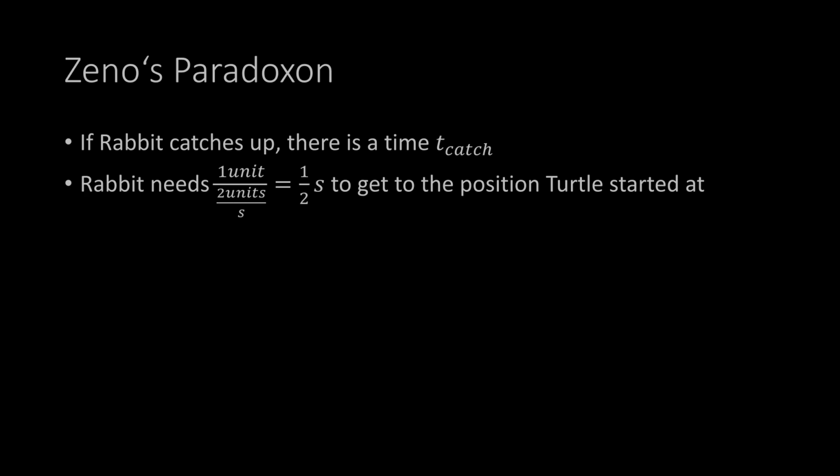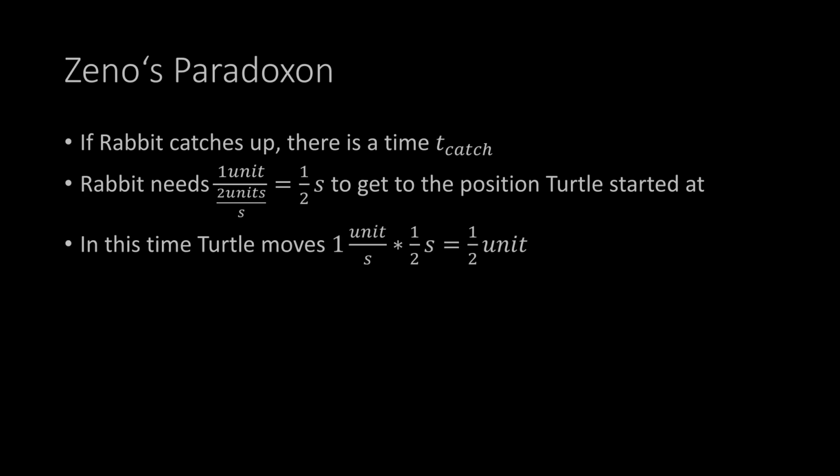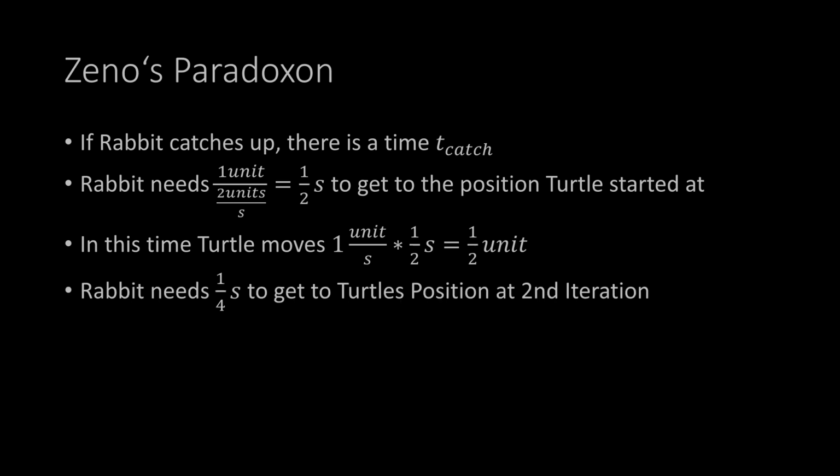He moves 2 units per second and has to move 1 unit, so he needs half a second to get to the first position. But in this time, the turtle moves, at 1 unit per second, half a unit in half a second. For this, the rabbit needs 1/4 of a second to get to the second iteration position of the turtle.